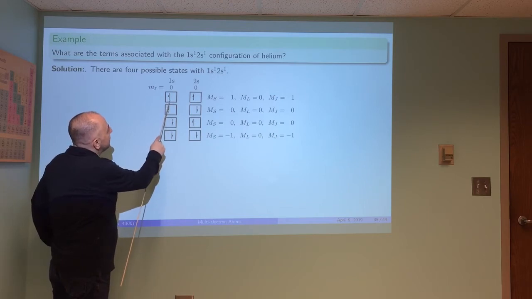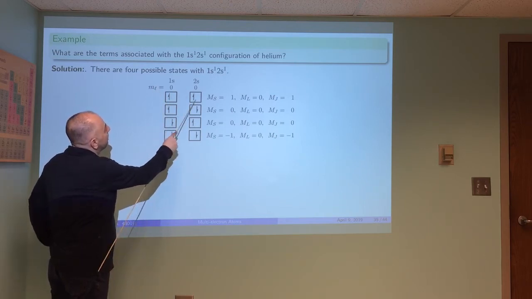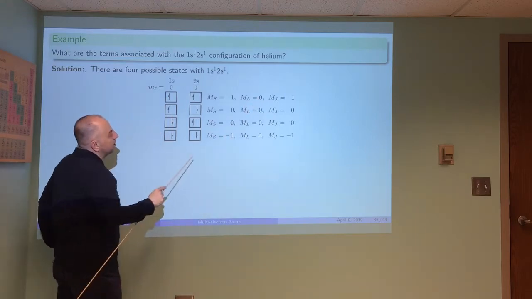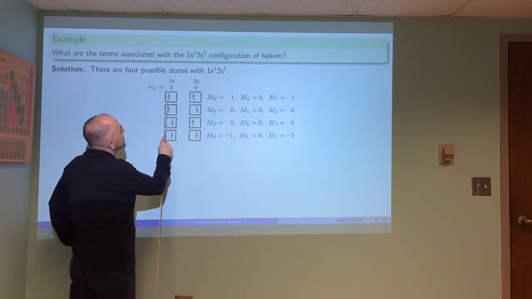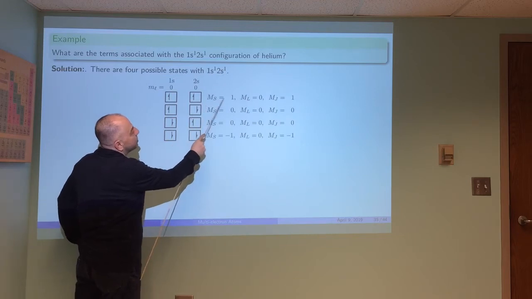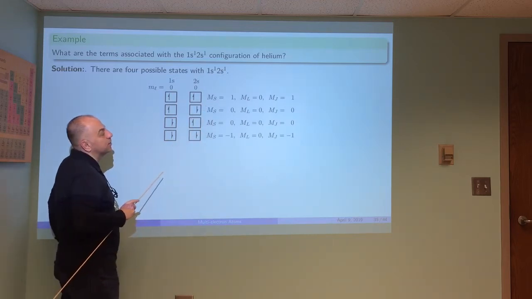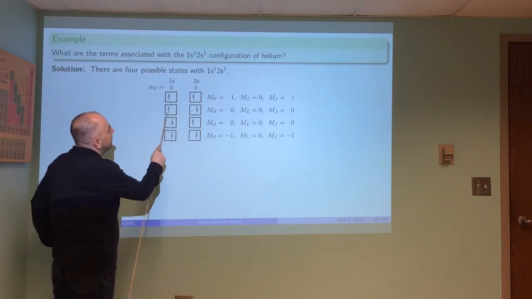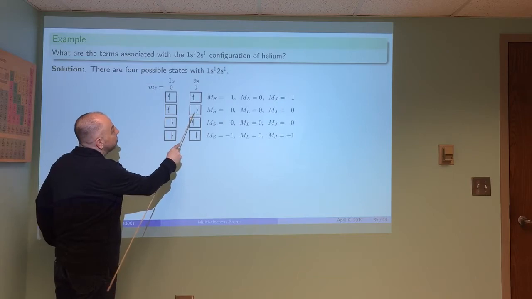If we looked at that state, both of these are M sub L equals 0, so the total is always going to be M sub L equals 0 for any possibility. But for the M sub S, this is plus half, which gives us a total of M sub S equals plus 1. The next possibility is spin up in 1s and down in 2s.